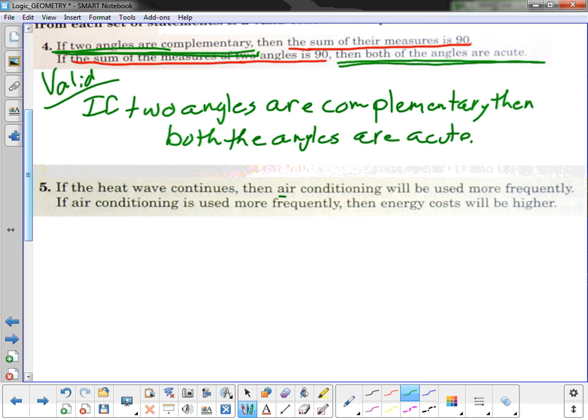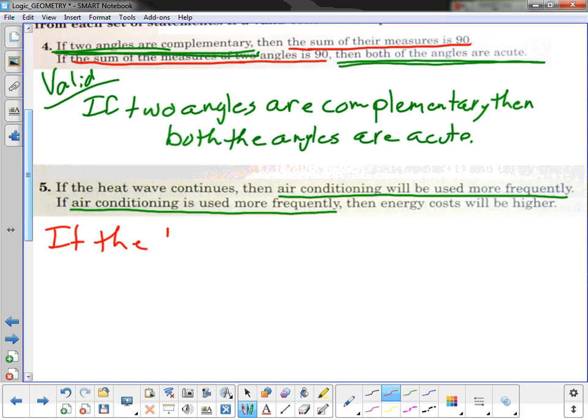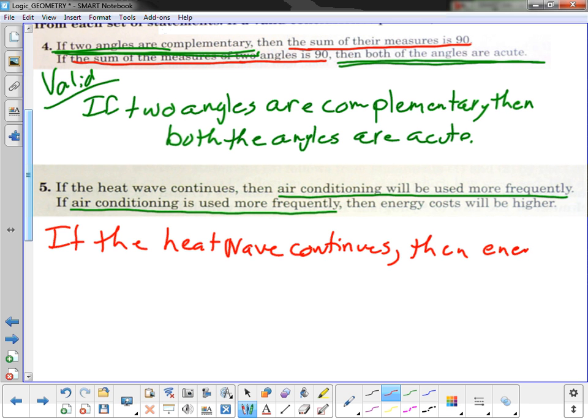Well, I got air conditioning being used more frequently as a conclusion, and I've got air conditioning being used more frequently as a hypothesis. So our valid conclusion would be, if the heat wave continues, then energy costs will be higher.